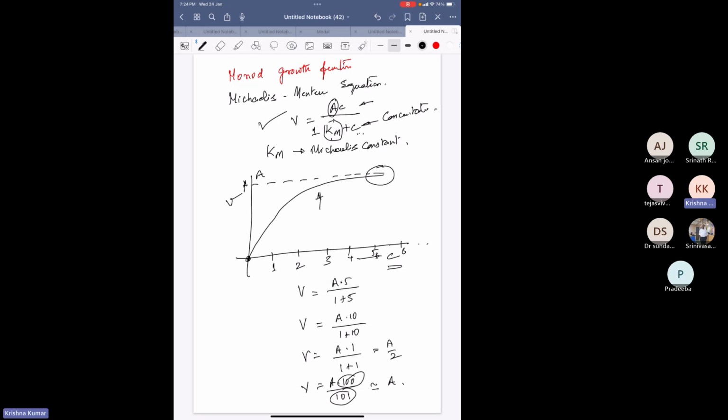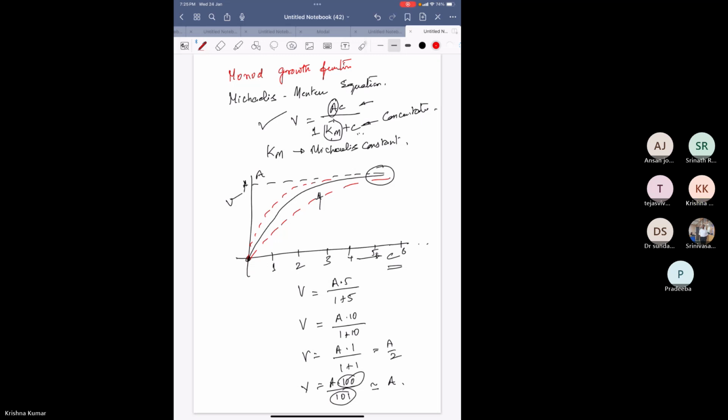AC divided by Km plus C. Of course, where does this reach very, very close? That depends upon the Km value. We will see that in MATLAB towards the end of the class. For another Km value, it can be like this, and for another, like this, and so on.